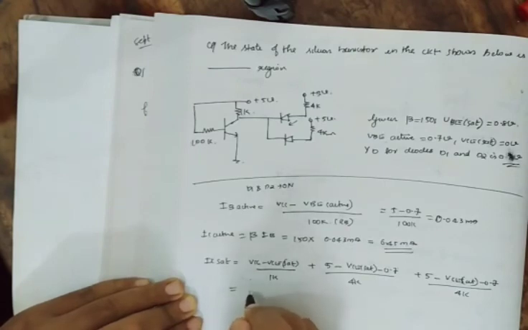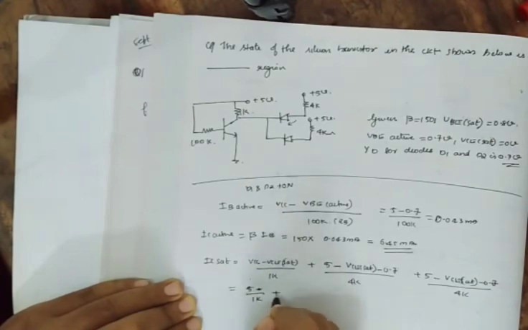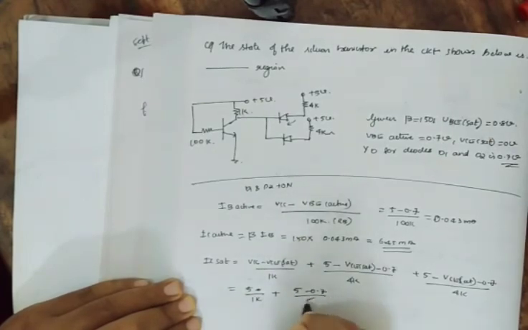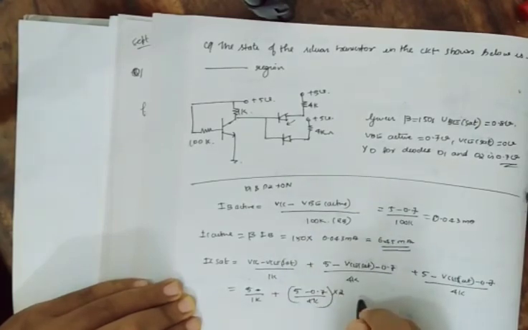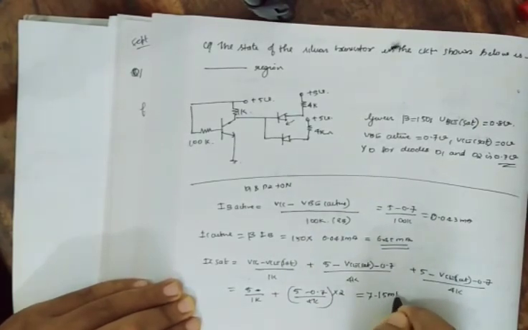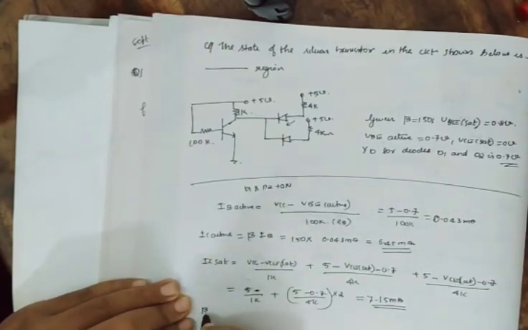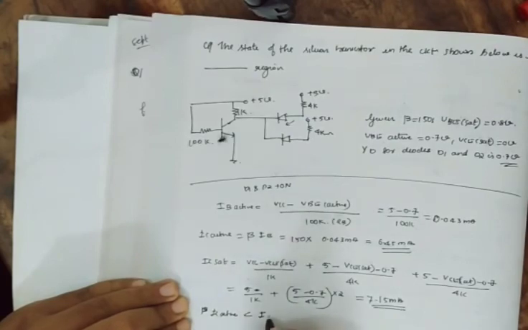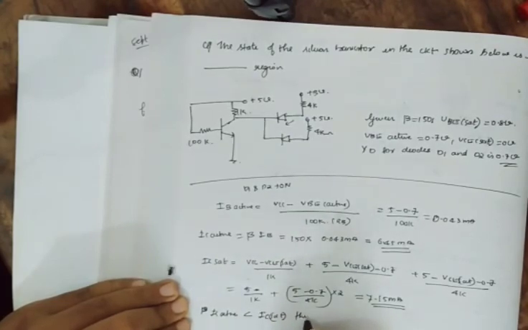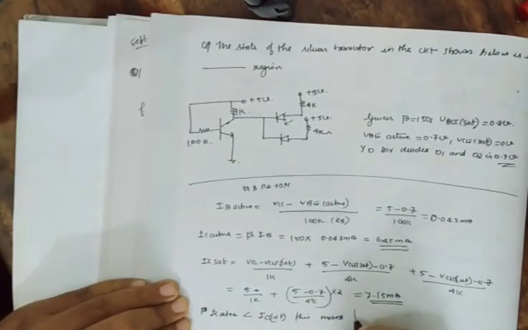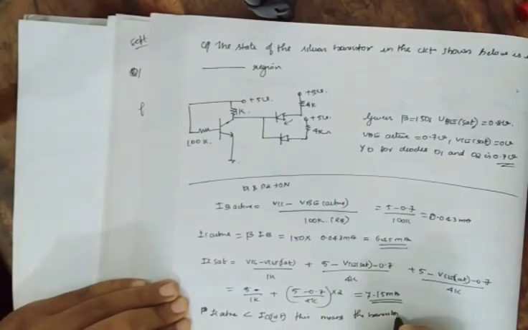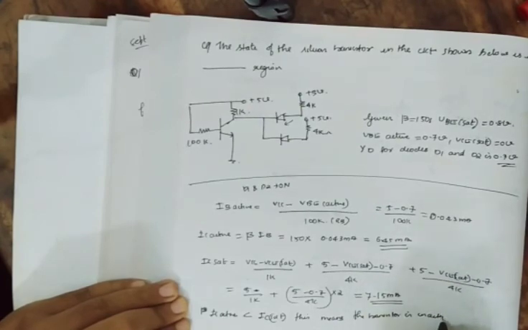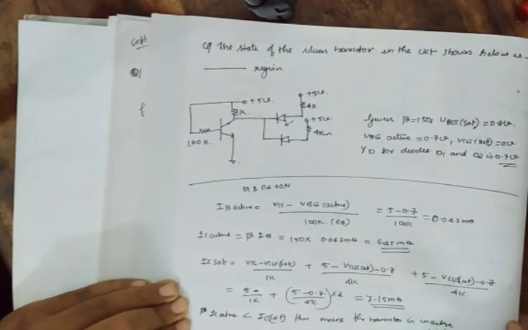So that is equal to 5 minus VCE saturation is 0, right, by 1K plus 5 minus 0.7 divided by 4K into 2, we'll get 7.15 milliampere, and beta IC active is less than IC saturation. This means the transistor is in active region. Okay, now let's do the next question.